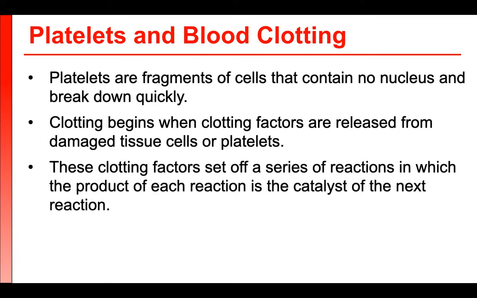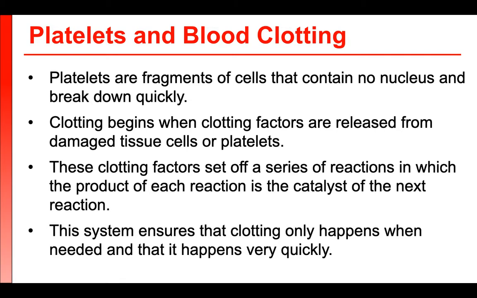And these clotting factors set off a series of reactions in which the product of each reaction is the catalyst of the next reaction. So it's like a chain reaction and is often referred to as the blood clotting cascade. And this system ensures that the clotting happens quickly when needed and that it only happens when it's needed. So you don't just clot randomly.